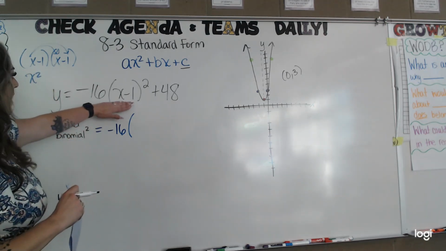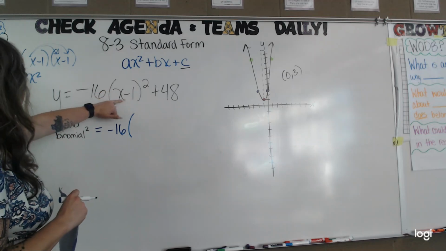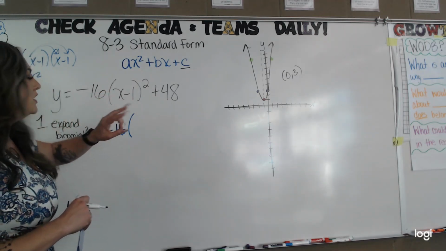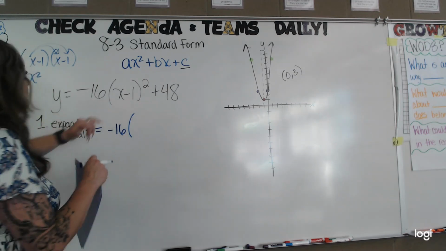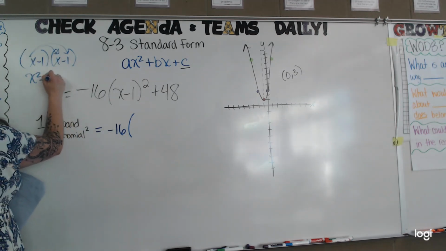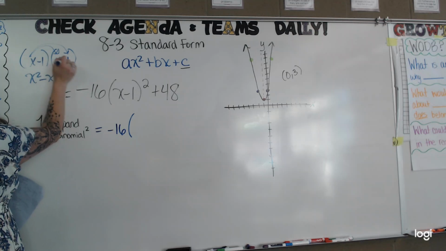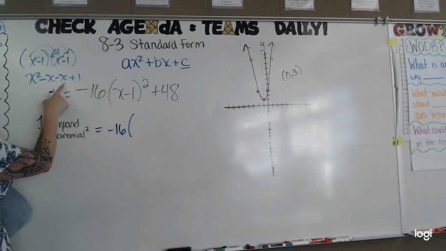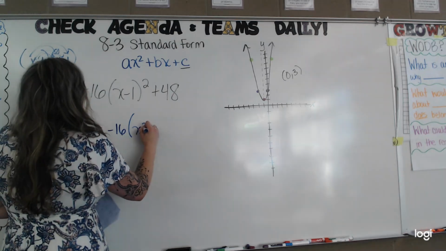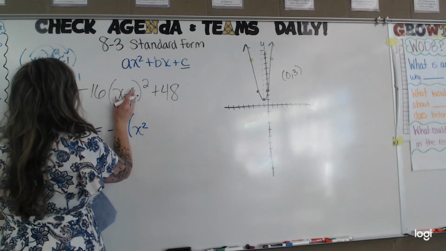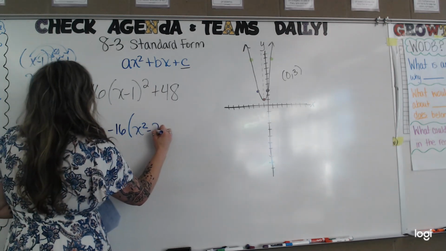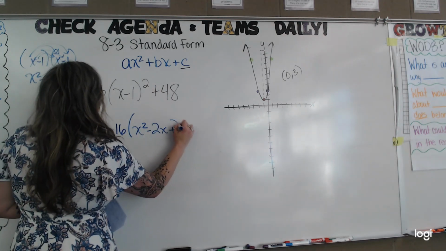Hopefully you've seen the pattern, and if not, you can tell that this -1 is going to multiply times this x twice, so you're going to have -2x. But we can keep going there. We can just factor it out, or multiply it out, and we can see that's where the -2x comes from. So what we have when we expand and multiply is x squared minus 2x plus 1.